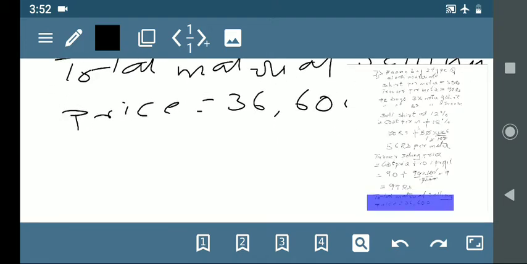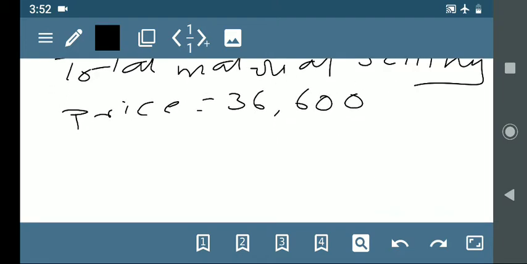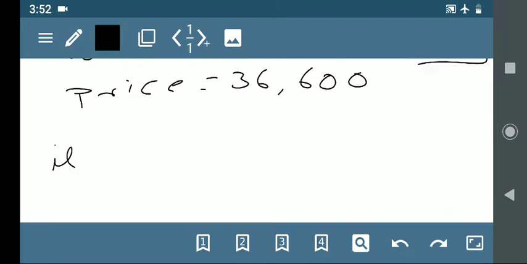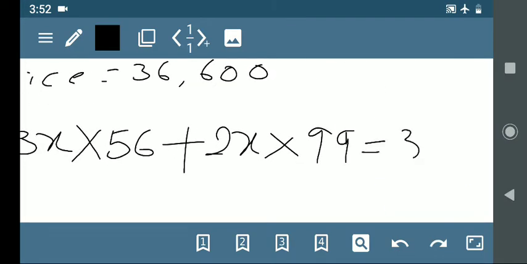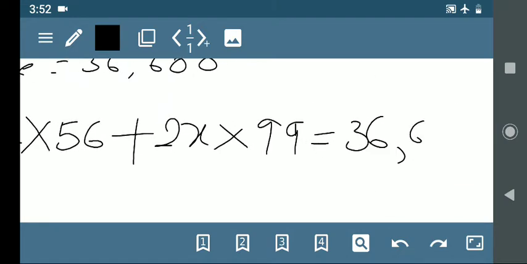We need to find how much trouser material he bought. Shirts is 3x, selling price of each shirt per meter is 56, plus pant material is 2x into selling price of each meter 99, results in the total amount of 36,600.